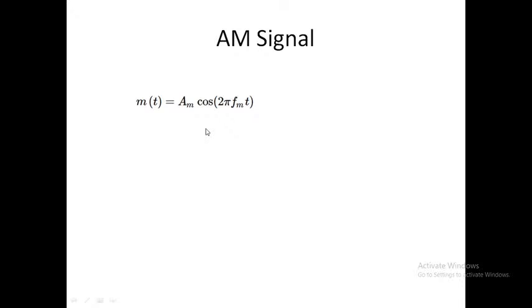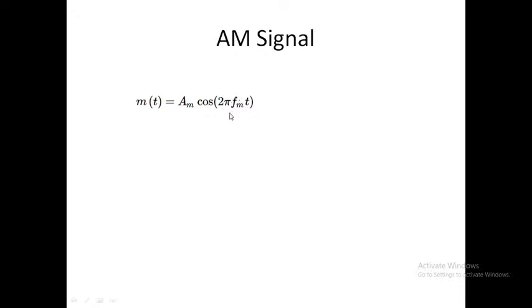Okay. So this is the message signal equation I have shown you in the last semester, and this message signal is simply Am cos(2π fm t). Here Am is the amplitude of the signal and fm is the frequency of the signal.